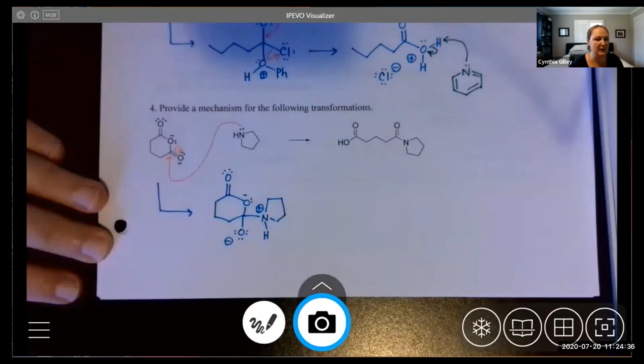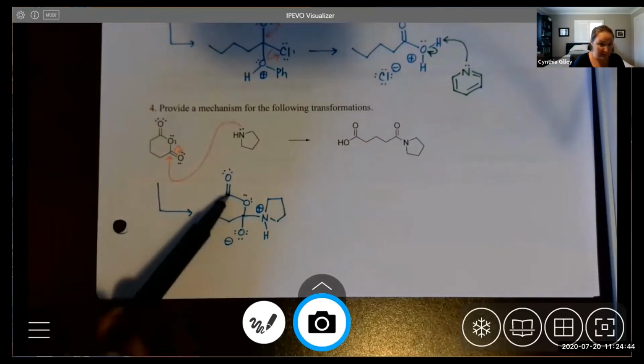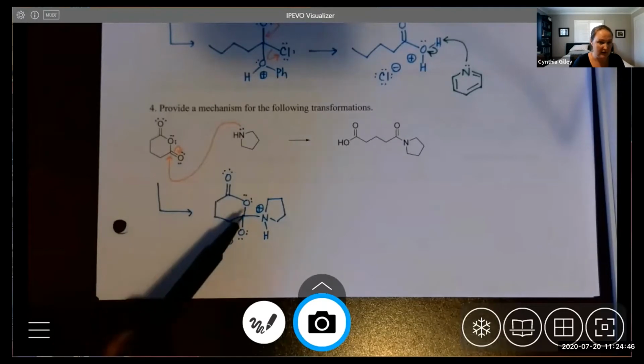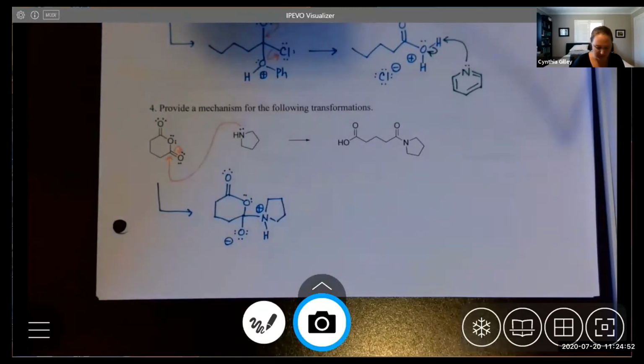Okay, so drawing out the product after that nucleophilic attack, it looks like this. And remember that this is a good leaving group, right? Because the lone pair on this oxygen will be resonance stabilized, that's why it's a good leaving group.